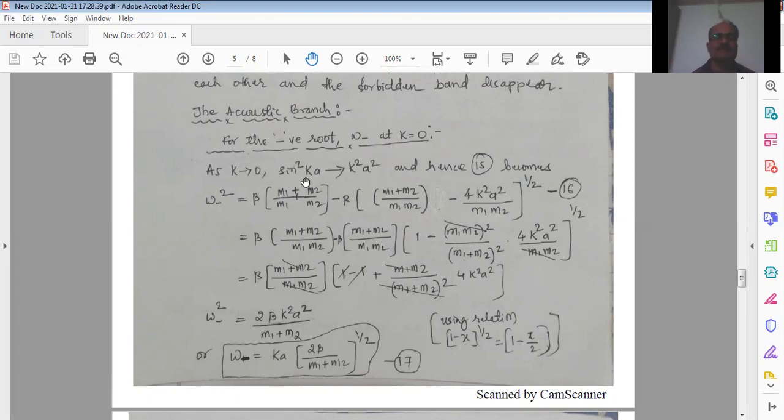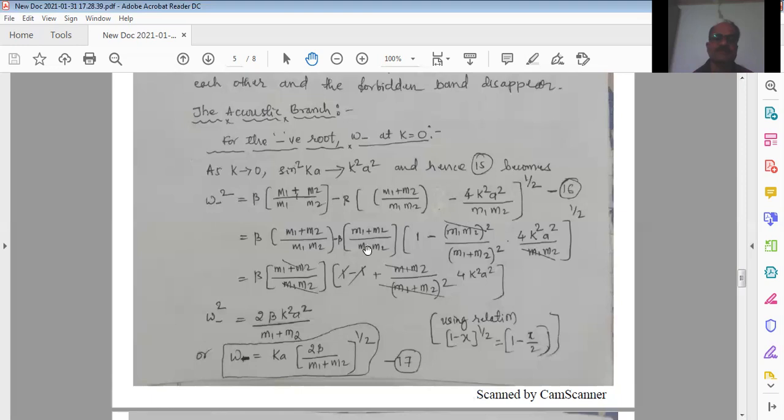So as k tends to 0, sine square ka tends to k square a square, and hence equation 15, the dispersion relation, is written in this way. Here sine square ka was there, and that is replaced with k square a square, and you simplify this one.